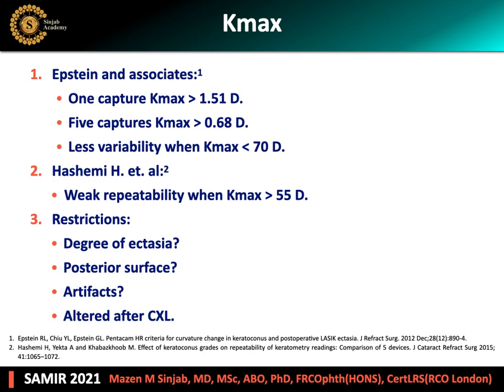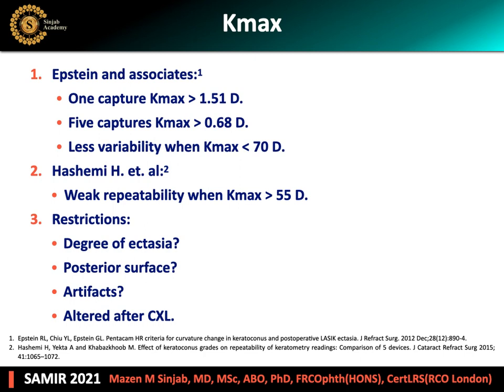Moreover, if the Kmax is more than 70 diopters, then the Kmax measurements will be much more variable, which means that the noise of the machine will be much wider. Now, in the Hashemi et al. study, there was a weak repeatability when the Kmax was more than 55 diopters.